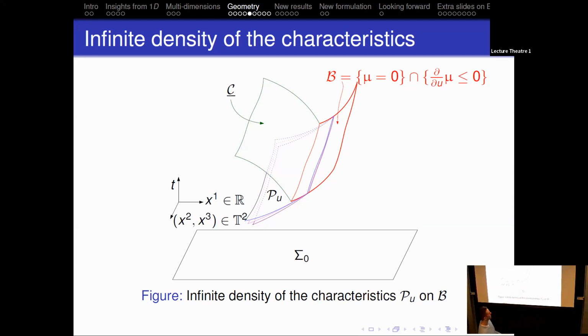Let me also mention that this is a picture in the Cartesian coordinates. If you set up the analysis in the geometric coordinates and you looked at the causal character of the other portion of the singular boundary where ddu of mu is positive, you would find that formally, in the geometric coordinate system, that portion of the singular boundary has the character of a time-like surface.